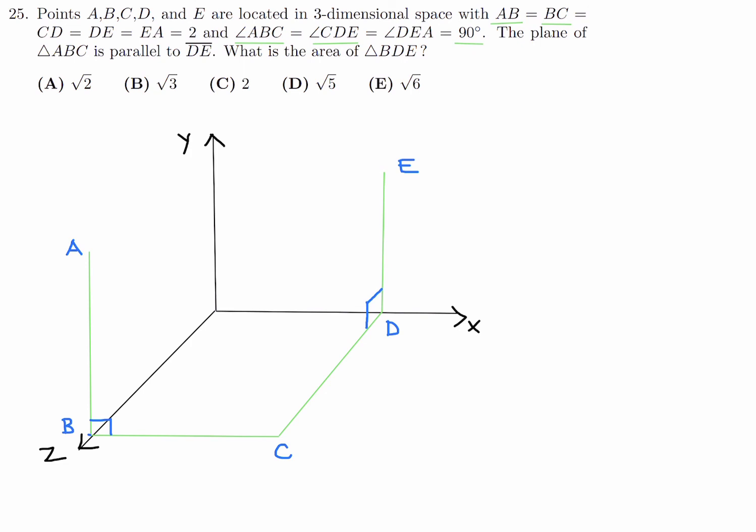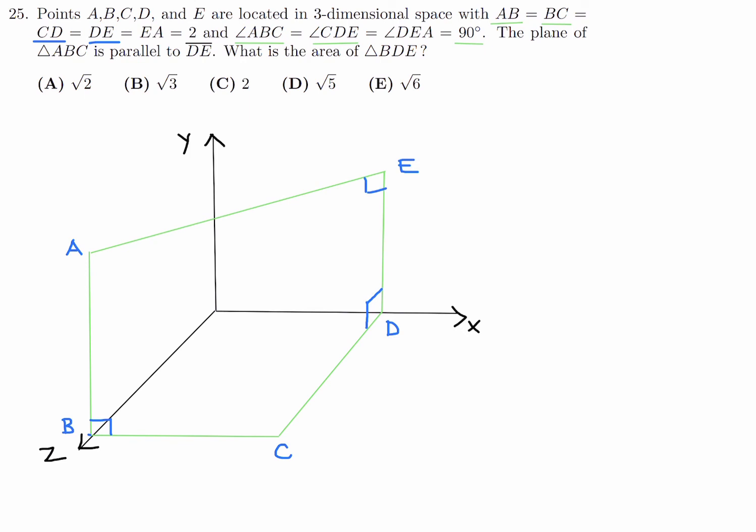Let's keep going here. I've drawn so far CD and DE. Okay, I only have one left, EA. Well, EA is obviously right here, the connection between these two guys. All right. And they tell me that that angle, DEA, is also 90 degrees. So DEA is 90.